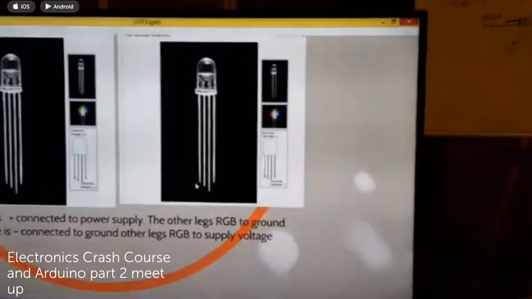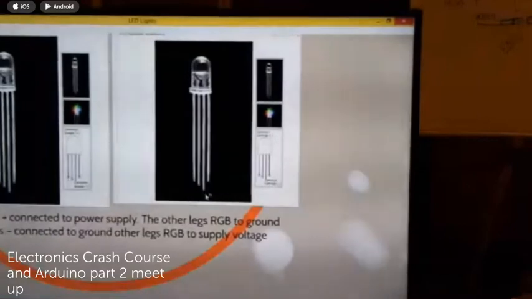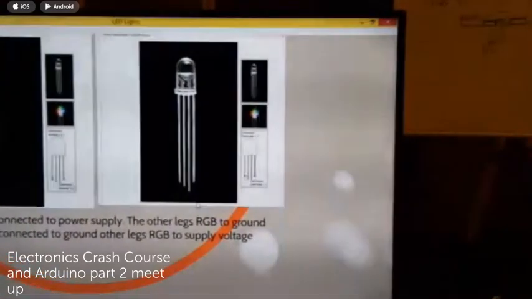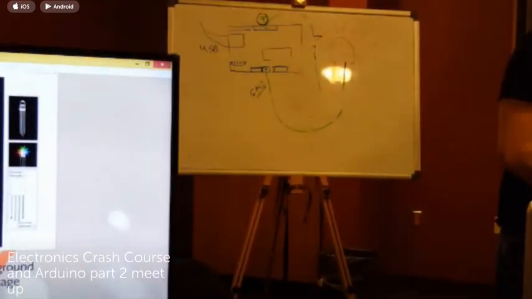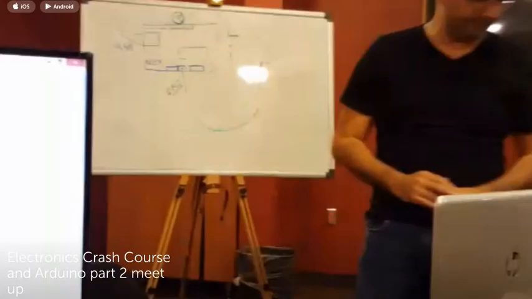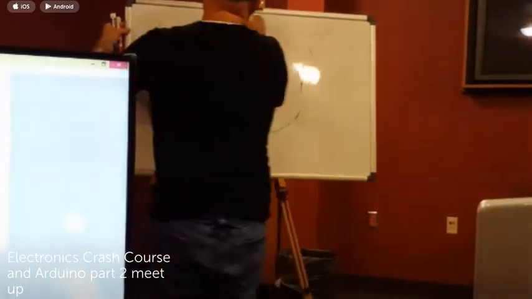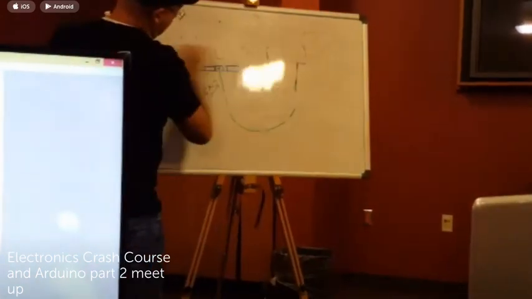And then these other legs on the cathode have to have resistance because these are going to positive. Every time you go to positive, I'm going to draw it right here so you can get an idea. This is going to be the positive and the negative, and this is going to be the resistor. Hopefully you guys can see here.